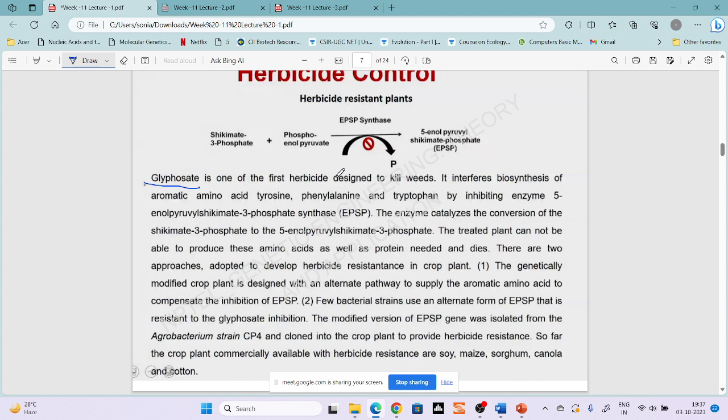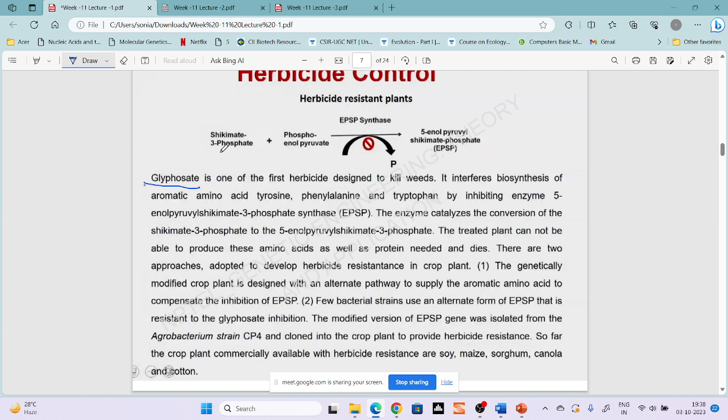For the biosynthesis of aromatic amino acids, this pathway is involved. Glyphosate inhibits the enzyme EPSP synthase, and this enzyme catalyzes the conversion of shikimate 3 phosphate to EPSP, which leads to the production of aromatic amino acids. So glyphosate is inhibiting this pathway.